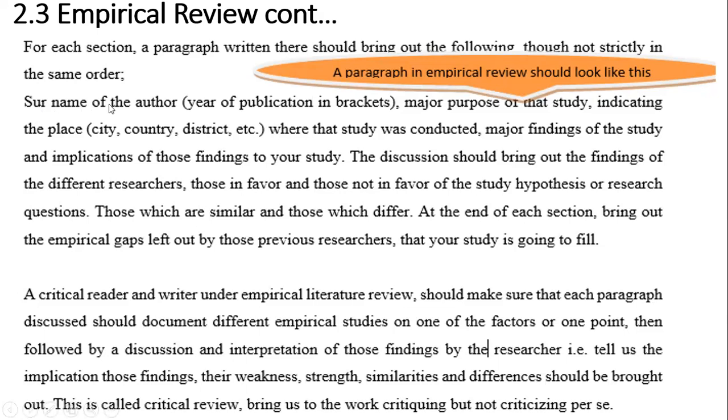So these are the aspects: surname of the author, year of publication, purpose of the study, the place where that study was conducted, either city, country, or district, the major findings of that study, the implications of those findings, the discussion of those findings. Actually, the implications are the discussions you make out of those findings you have seen, indicating clearly what those findings mean.